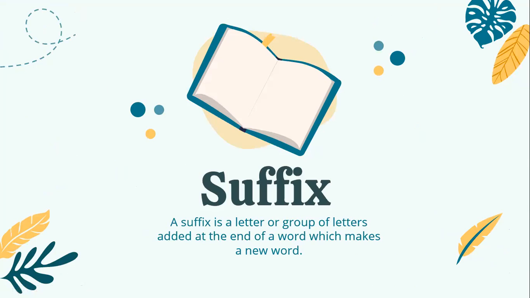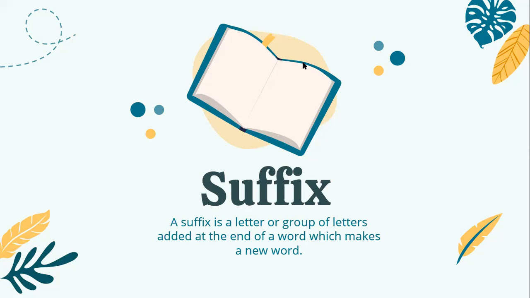Okay, suffixes. Sometimes you find letters, a letter or a group of letters, added at the end of the word, and when we add them, they change the meaning of the word or change the word entirely. So the group of letters added at the end of the word is called a suffix.